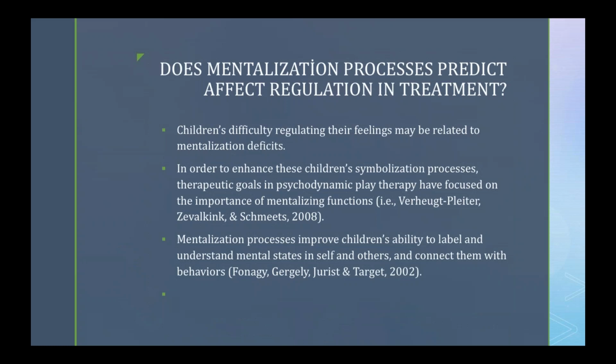We also investigated the therapeutic processes associated with that growth. Children's difficulty regulating their feelings may be related to mentalization deficits. As you've seen in the videos, some of these children have difficulty naming and representing their feelings.